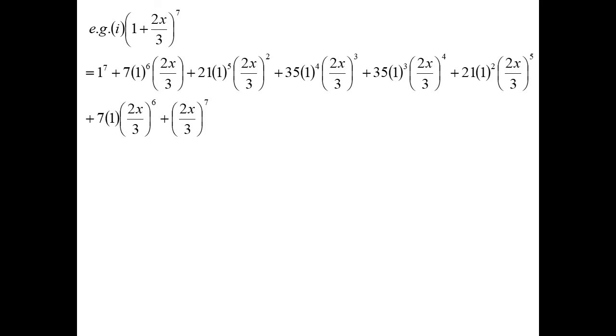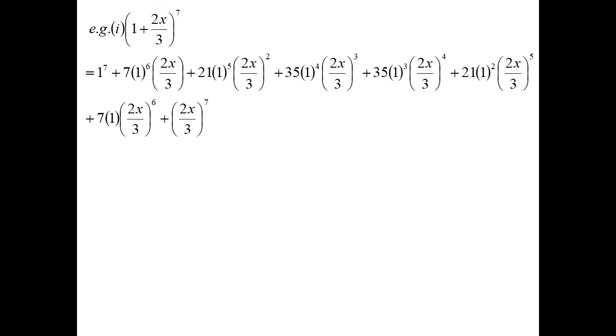And then each of those terms, we just play with the powers. We start with the first number, which was 1, and it'll go to the power of 7. Then it'll go to the power of 6, then 5, then 4, and so it counts down. The other term counts up, starting with the power of 0. At any point, you can look at a term, and you'll see that those two powers add up to give the overall power, in this case, 7.